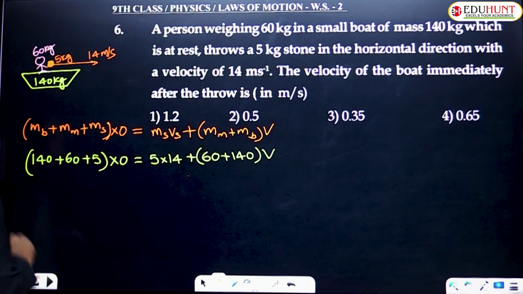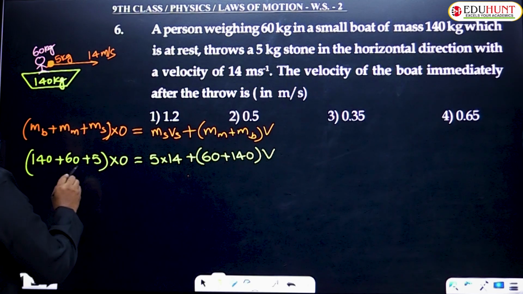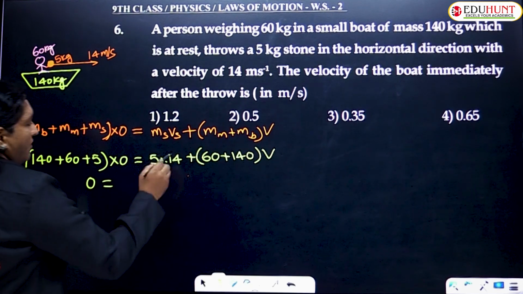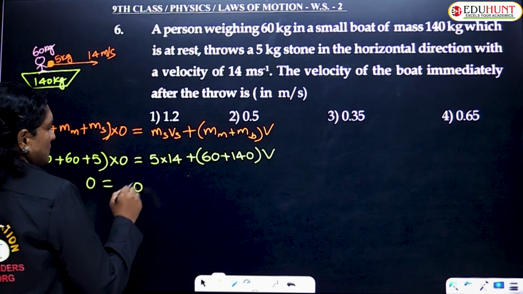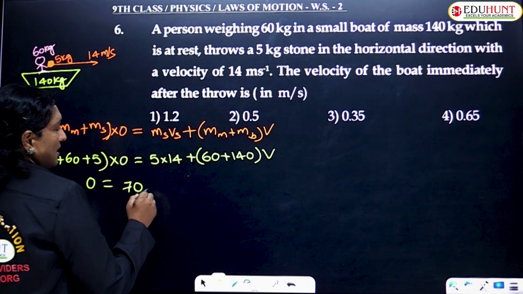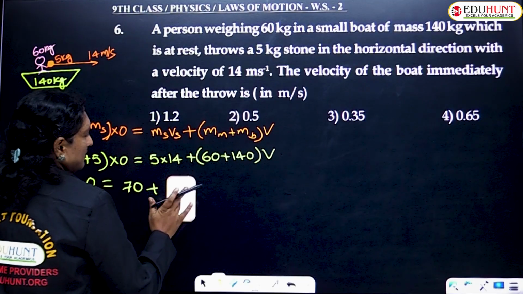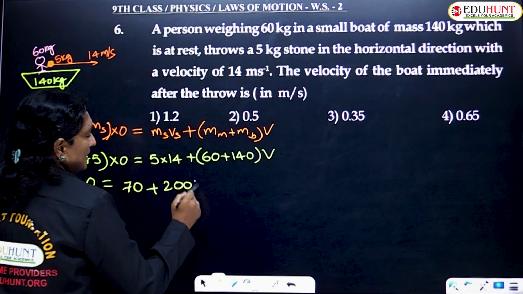So 140 plus 60 is 200, plus 5 is 205, into 0 is 0, equal to 5 into 14, which is 70, plus 200 into V.